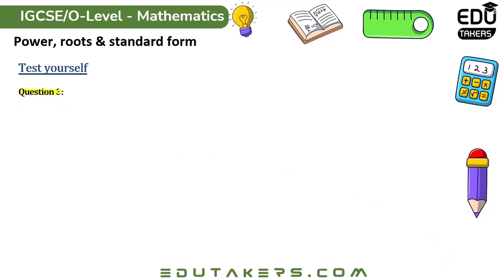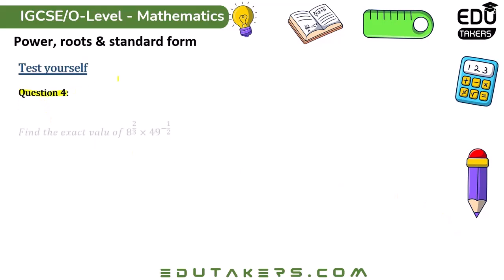Question number 3 is: simplify fully. An expression is given and you have to simplify it by using the laws of indices. It's a 1 mark question.